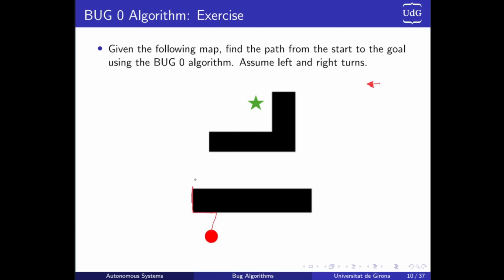But what happens is that when I reach this point, I realize that there is another obstacle, and I stop. And at this point, because I'm commanded to always turn left, then I turn left again. I turn left, I move till here, and when I'm here, I can finally reach the goal.